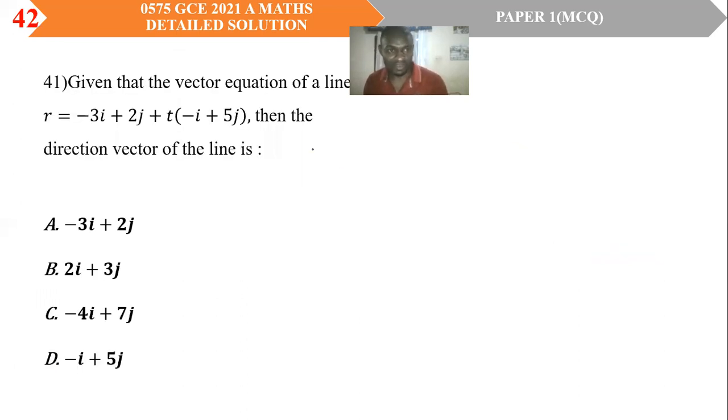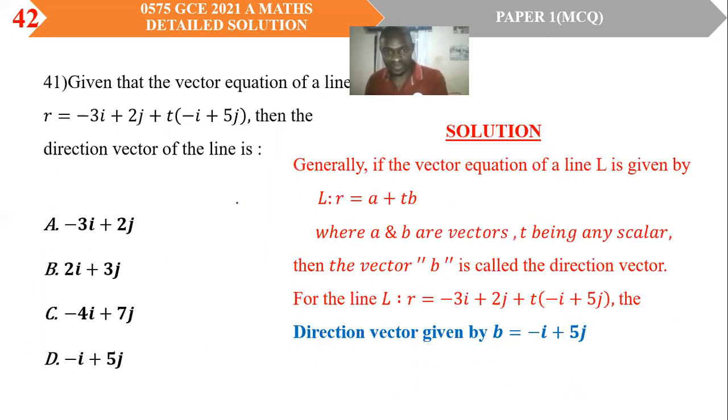Question 41. Given that the vector equation of a line r is equal to negative 3i plus 2j plus t into negative i plus 5j, then the direction vector of the line is... Solution.